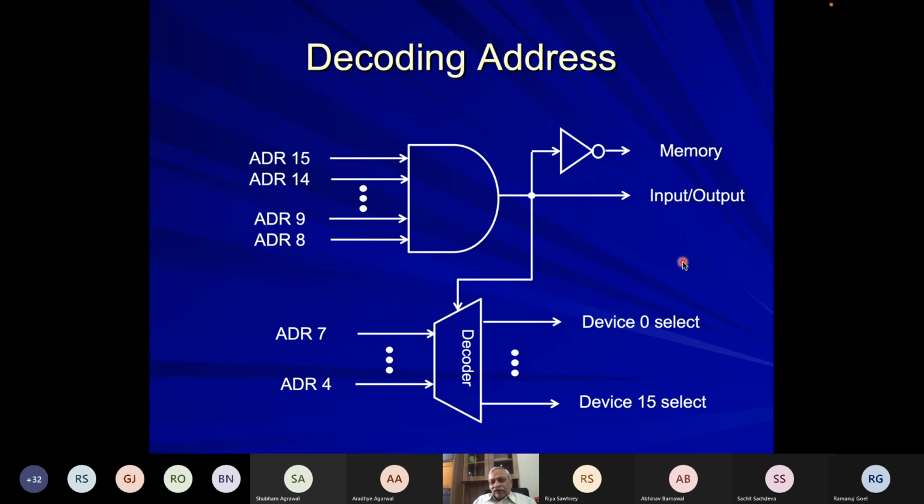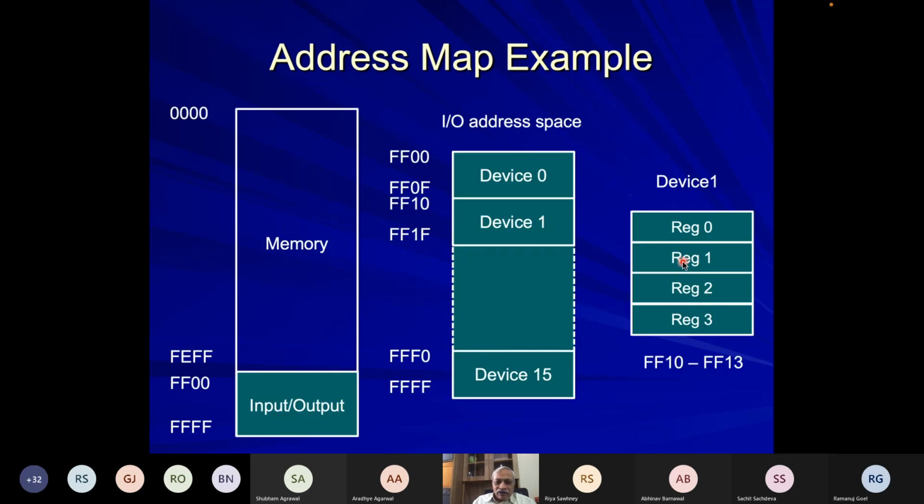With the device controller, you need a circuit which will identify and decode the address. For this arrangement, what you can see is that if the top 8 lines of the address are 1, then the address corresponds to input output.